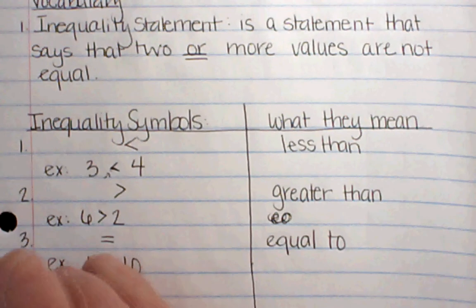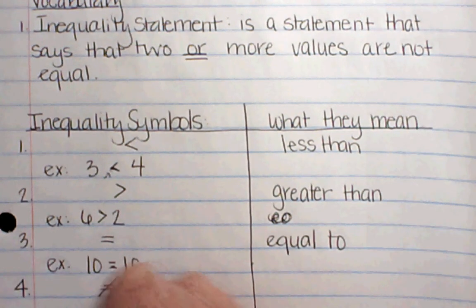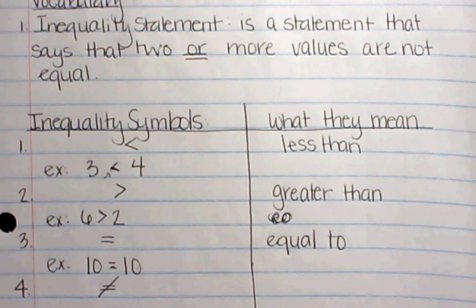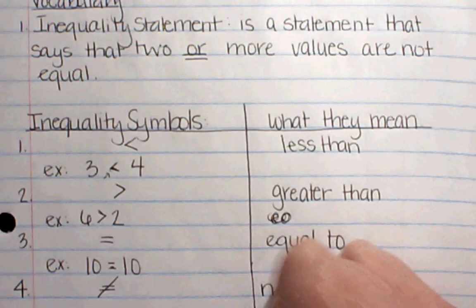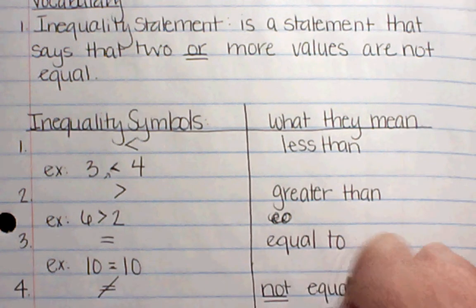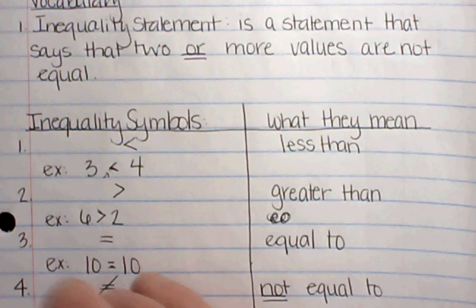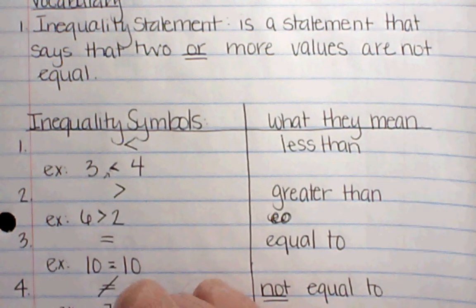Another symbol you might see is the equals sign with a slash through it. And that one means not equal to. So for example, you might see 7 is not equal to 4.